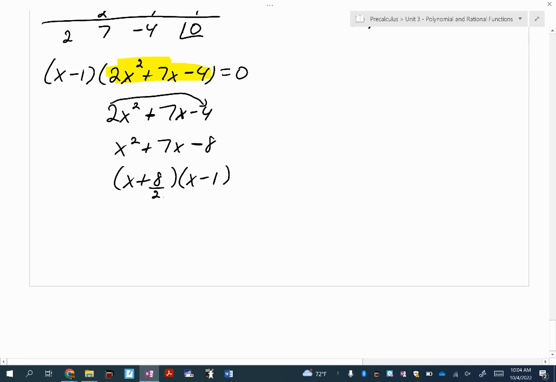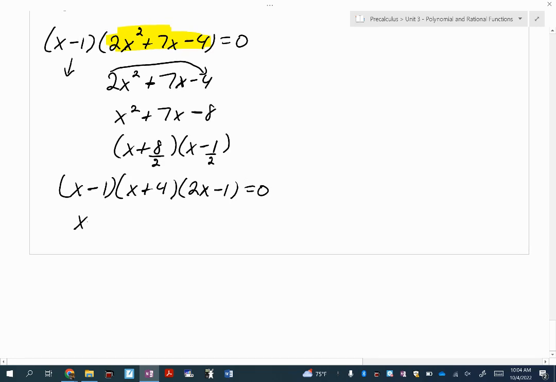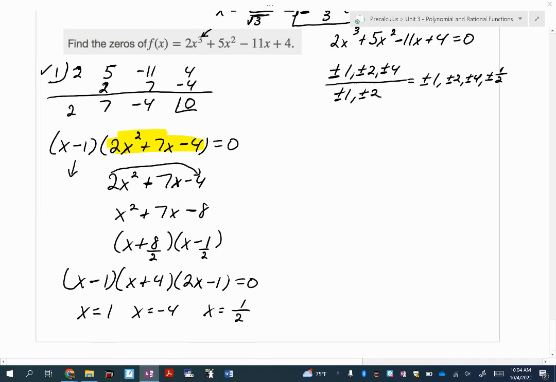Put it over the number we slid, and you get x plus 4 and 2x minus 1. Bring down this factor, because that one was the very first one we found. So we can find our 3 solutions. 1, -4, and +1/2. All right, so those are our 3 zeros.